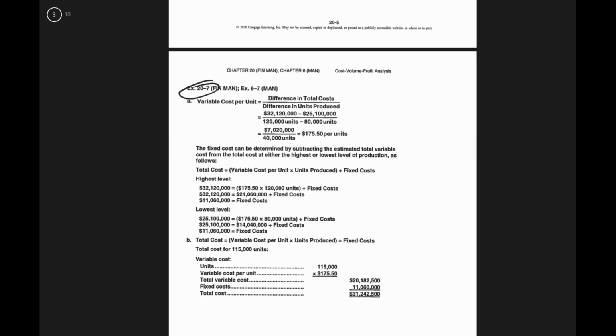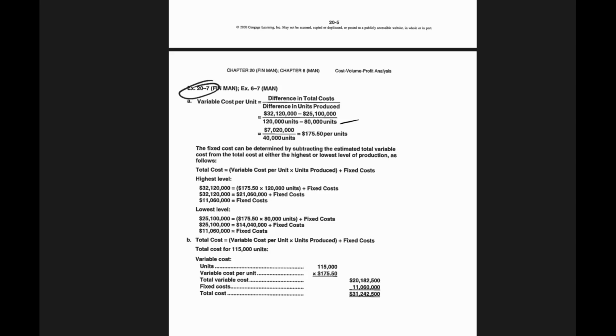This company has decided to use the high-low method to estimate the total cost and the fixed and variable cost components of the total costs. Here's the data, and if you read your chapter, it detailed how to calculate the high-low method. For units produced, we look at the difference, in the denominator, between 120,000, the high, and the low of 80,000.